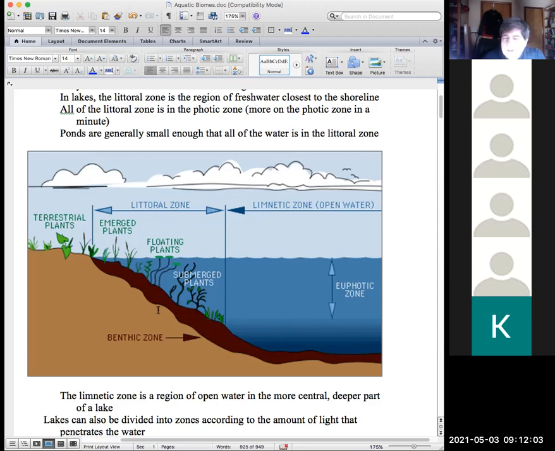And notice that the littoral zone not only contains underwater plants, it contains plants like lily pads that float on the surface, and it contains emergent plants that stick out of the water, like cattails. So there are several different types of plants.